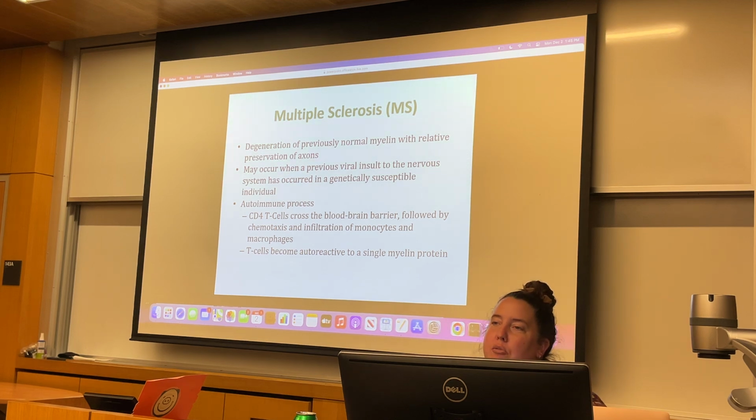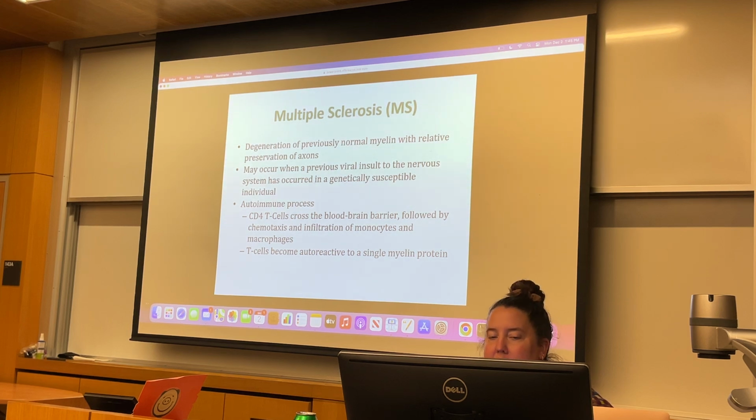And then if they get a virus, it can affect the nerves in a way that leads to the multiple sclerosis becoming active. It is an autoimmune process, so CD4 T cells cross the blood-brain barrier, followed by chemotaxis and infiltration of monocytes and macrophages. And then T cells become autoreactive to a single myelin protein and destroy the myelin protein on the neurons.